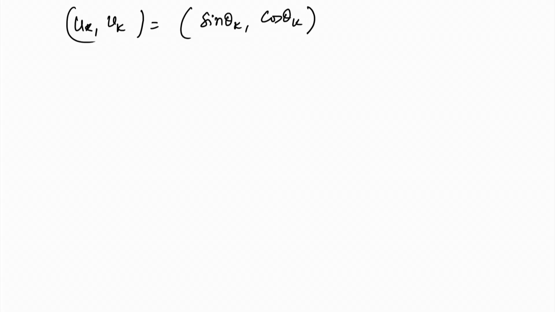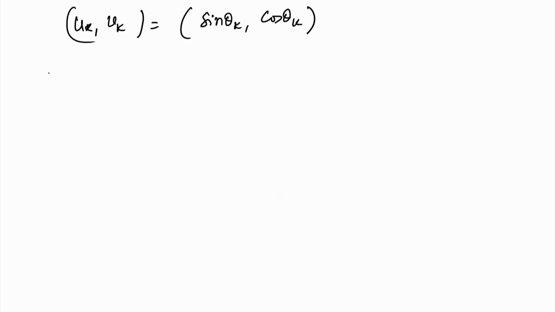It is much easier to look for a minimum on a 1-dimensional line, and that is now given by this single variable theta_k. So, we can take u_k equal to sin theta_k and v_k equal to cos theta_k. You can take the other combination, u_k equal to cos theta_k and v_k equal to sin theta_k, but it seems that this combination works better.